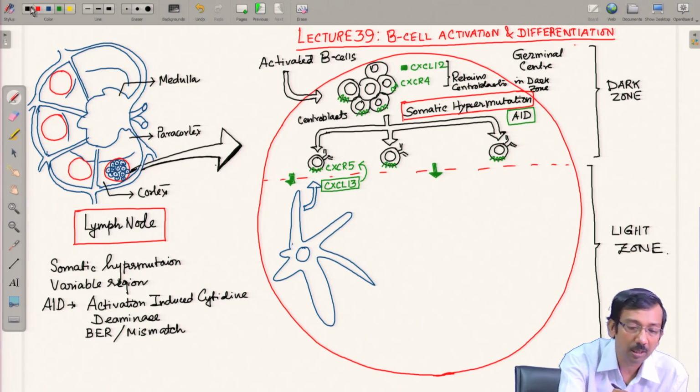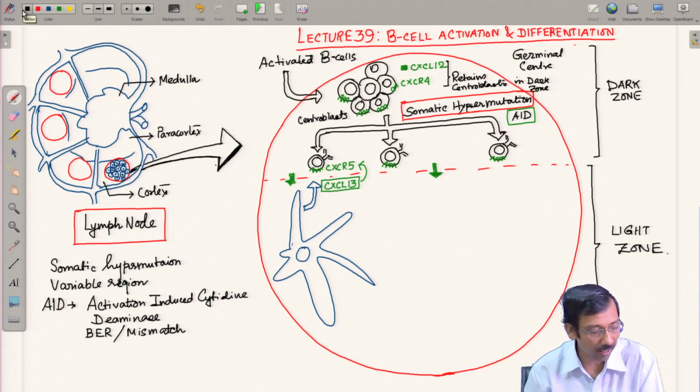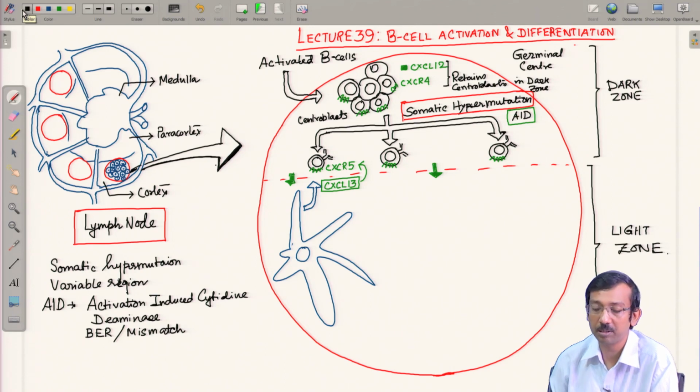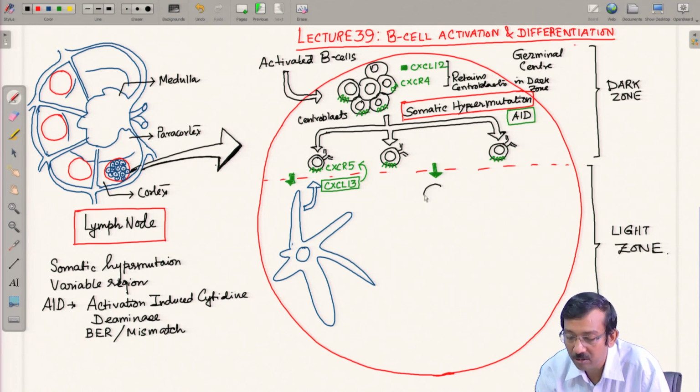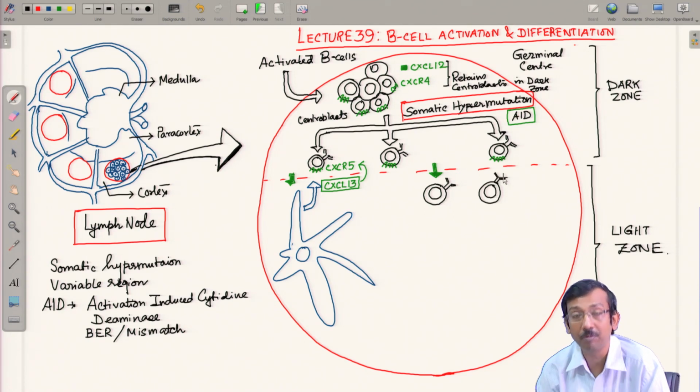Once they come to the light zone, we call them the centrocytes, and these centrocytes, as I told, can have a high affinity mutation or a low affinity mutation, and as per that mutation they will have different fates.